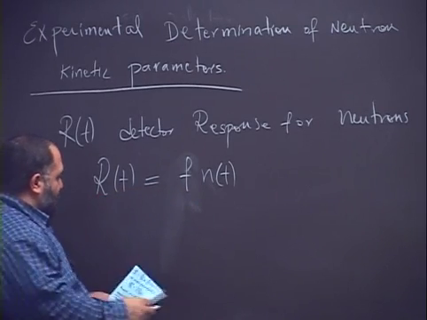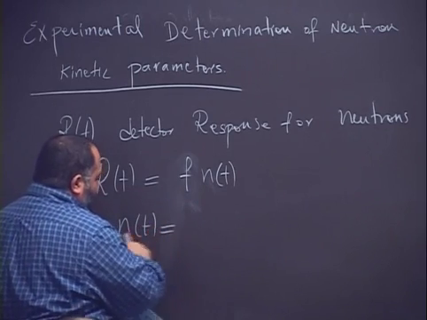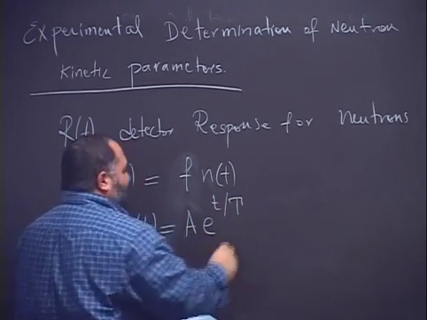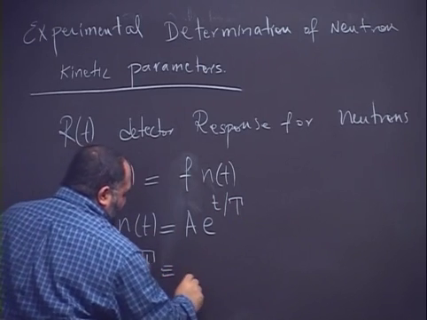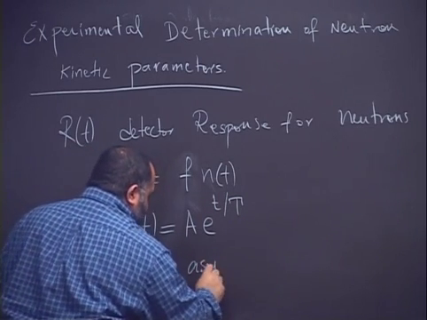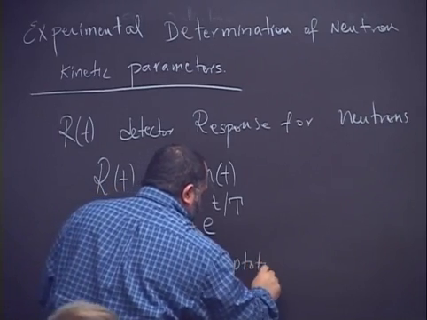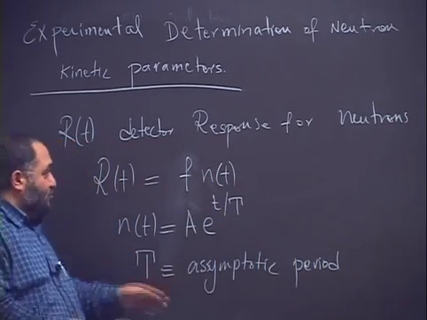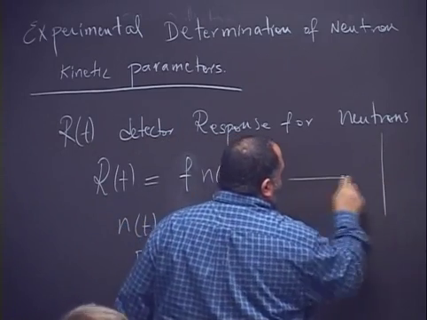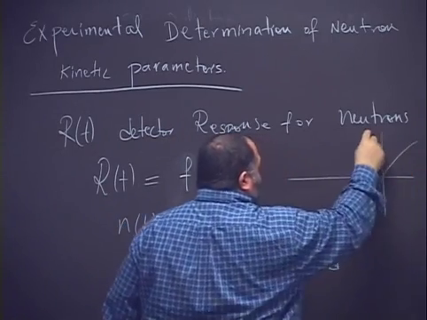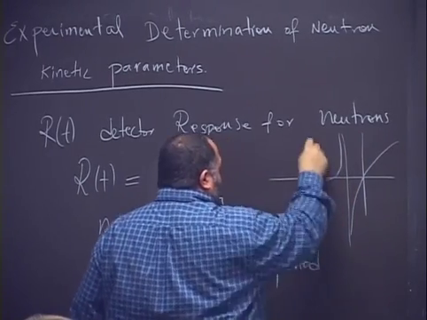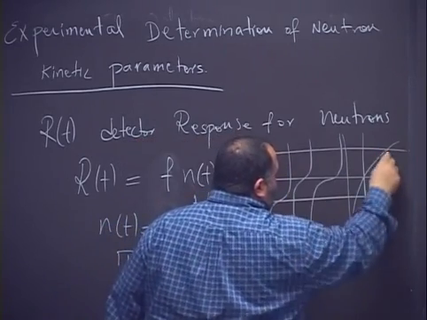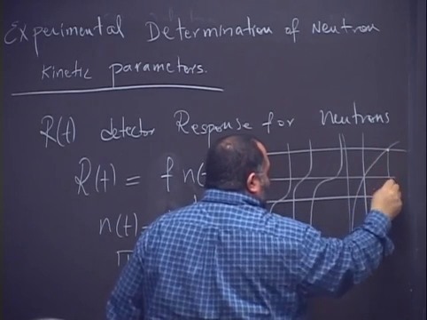you will get the R of t. We know from the neutron kinetic equation that n of t goes like e to the power of t over tau, and this tau is what we mean by the asymptotic period. This is S1.